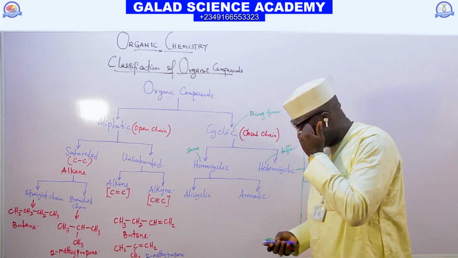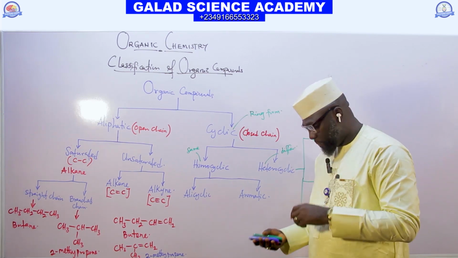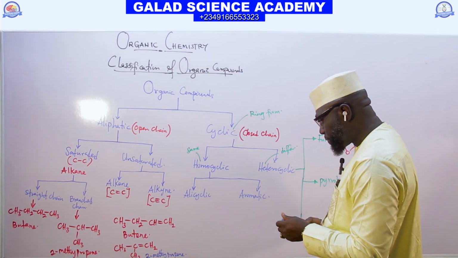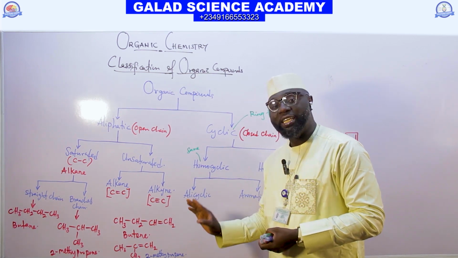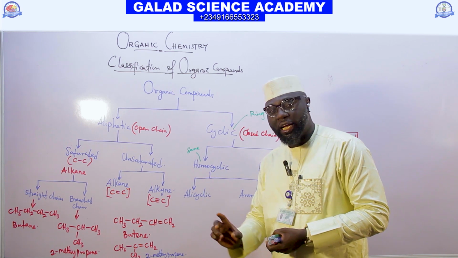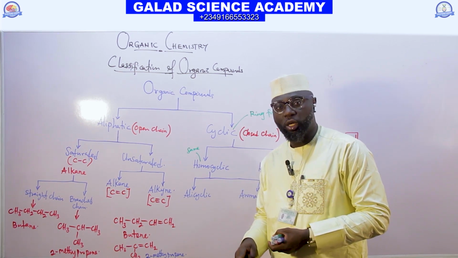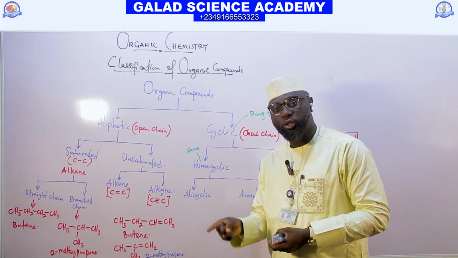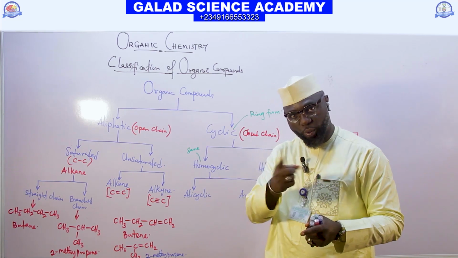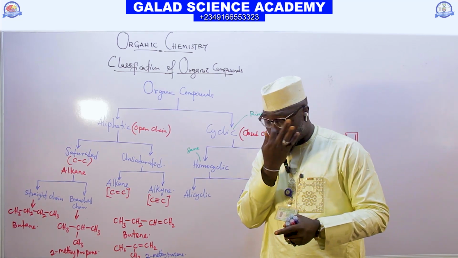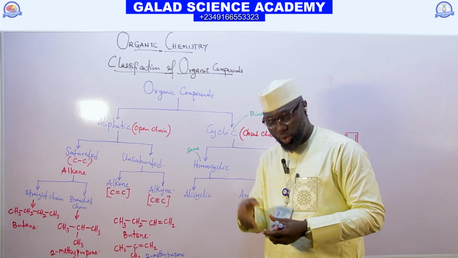What is alicyclic? This alicyclic compound is a cyclic compound that contains carbon to carbon single bonds throughout.